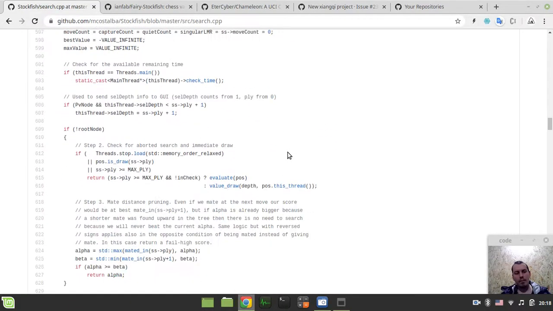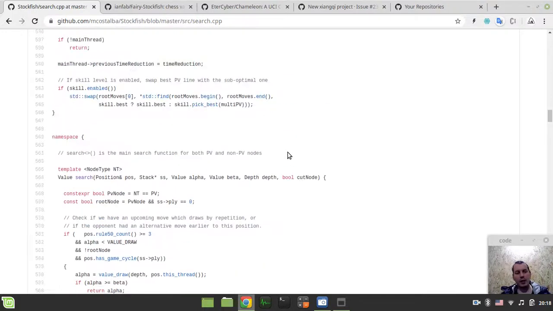A little bit of a downside is that it's actually written in C++. Well, I'm totally fine with the C programming language, but with C++, things like namespaces and templates confuse me a little bit.